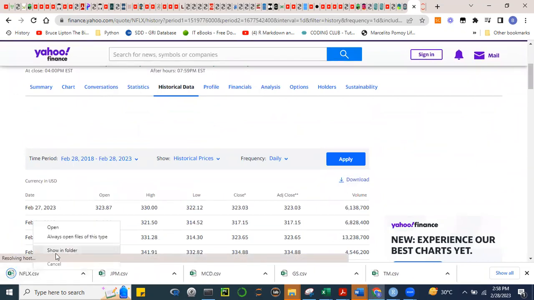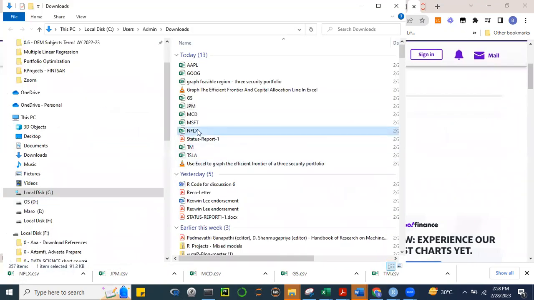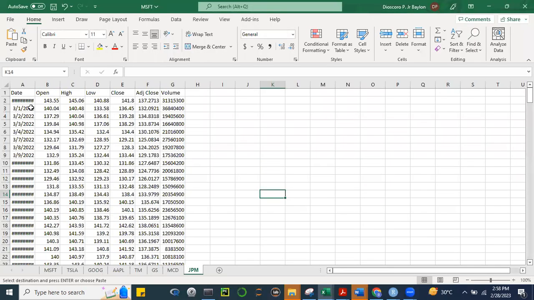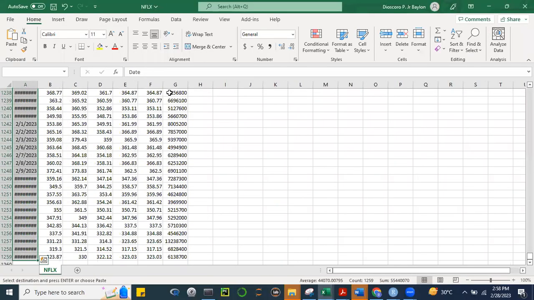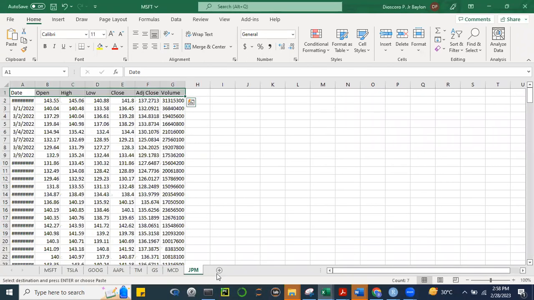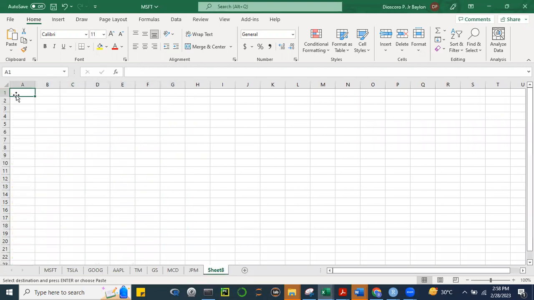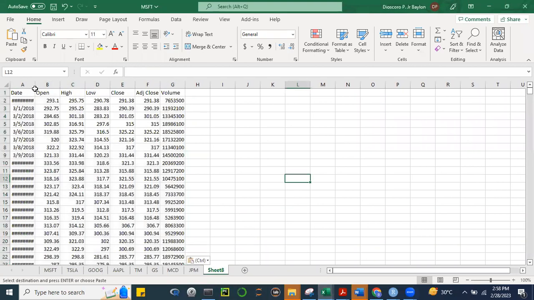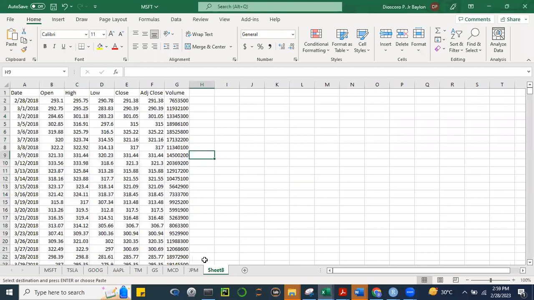Okay, Netflix is downloaded. Open, copy, control, shift down arrow to the right, control C, and then I'll save it here. Control V.